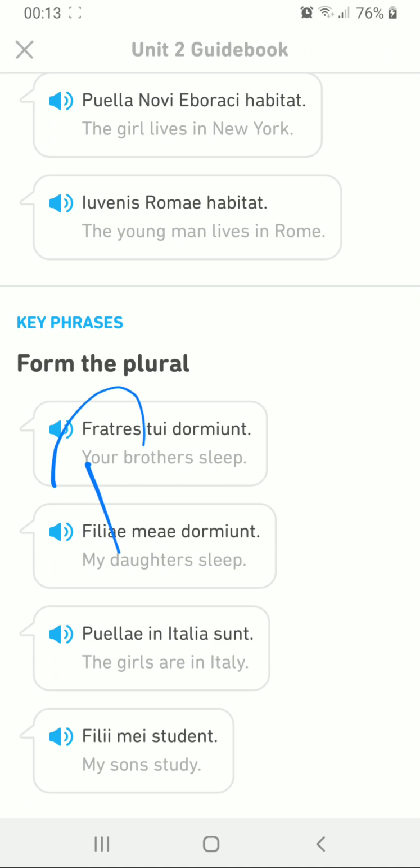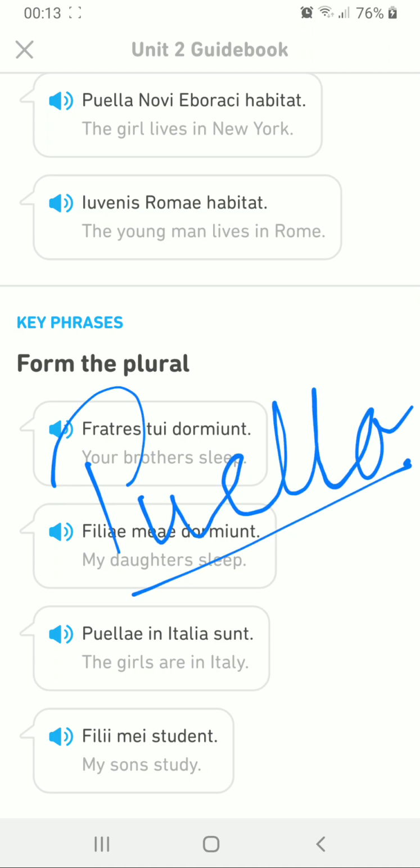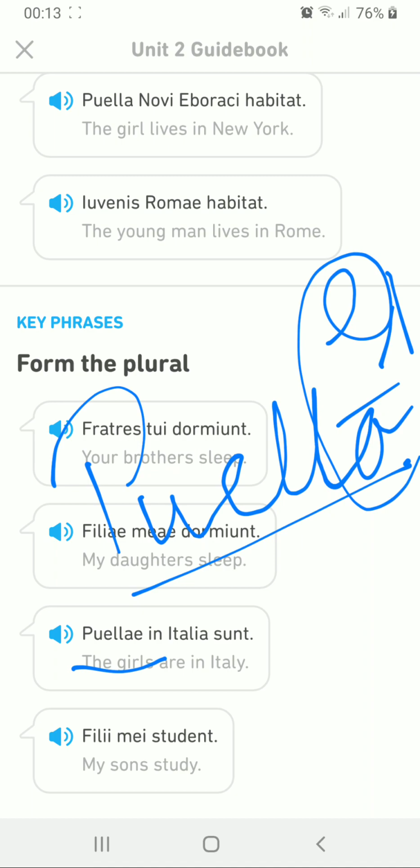Puella was girl, but in plural it's puellae. We add the E and the ending changes and the pronunciation also changes. In Italia, we know it's in Italy, but normally for puella you will say est, right?